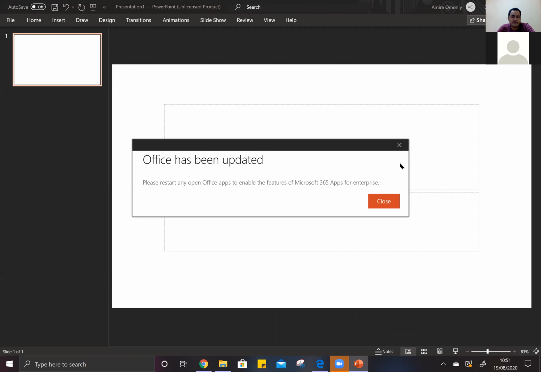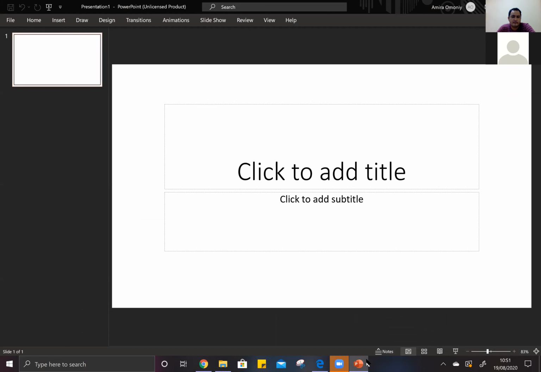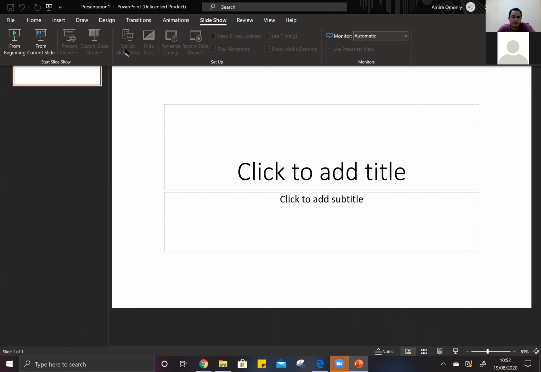Slideshow. Why is it not letting me? No, first, can you click on slideshow? Amira, slideshow at the top, next to animation. Can you click on slideshow? Okay, start from the beginning. The first button, the first, yes.